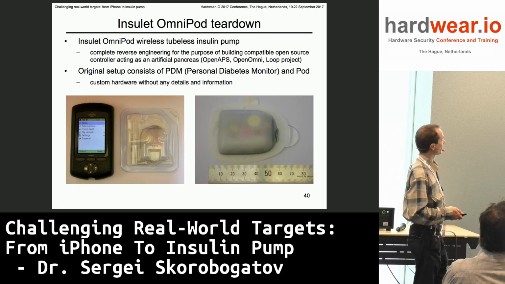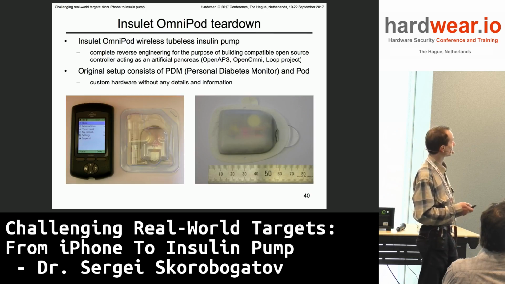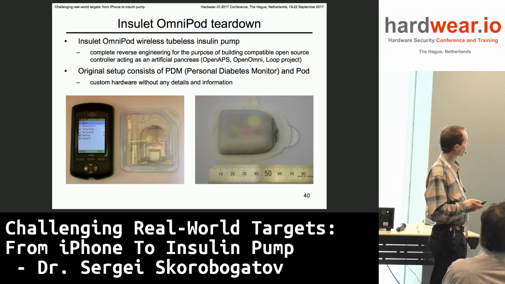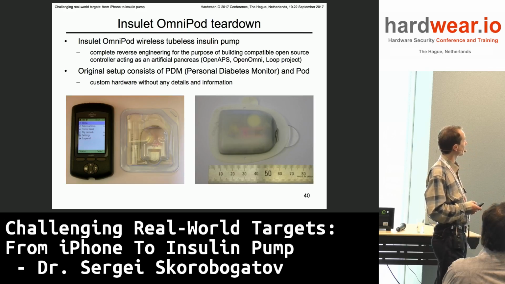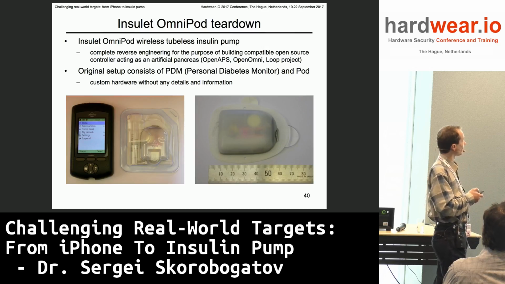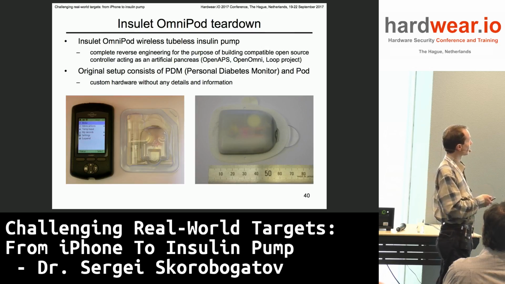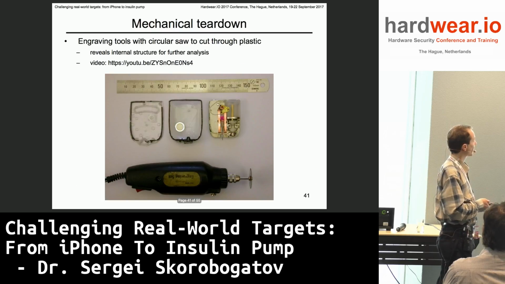So the last project I would like to present is the reverse engineering of the Insulet OmniPod. The project was to help the community of people with type 1 diabetes, and the original setup, as I already mentioned, consists of the PDM controller and the insulin pump, and they use custom hardware without any information available.